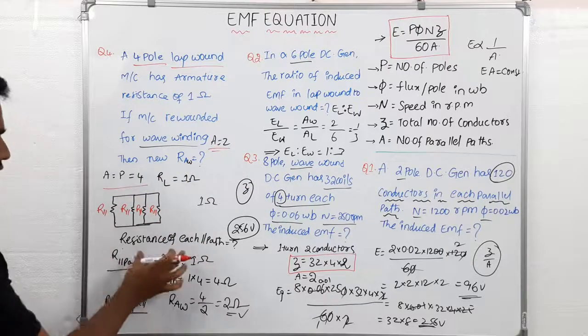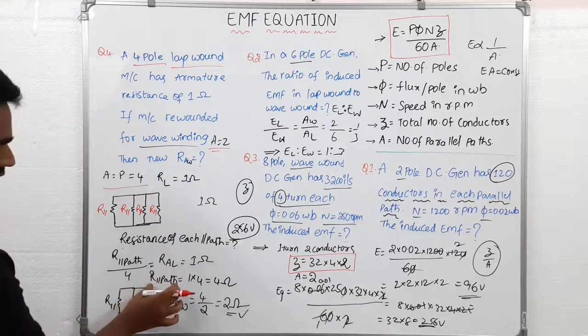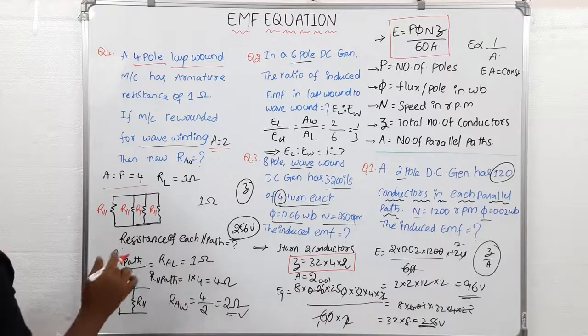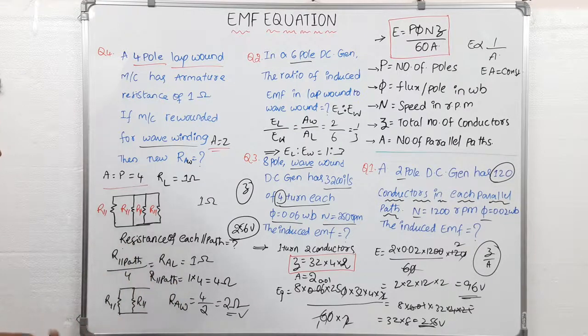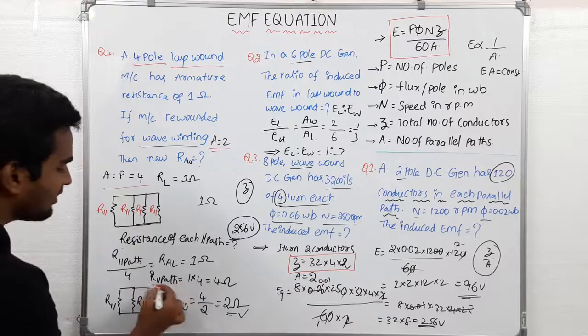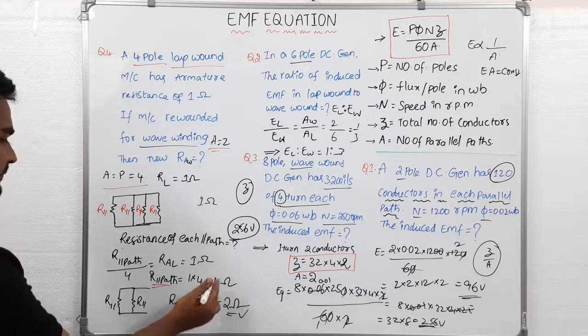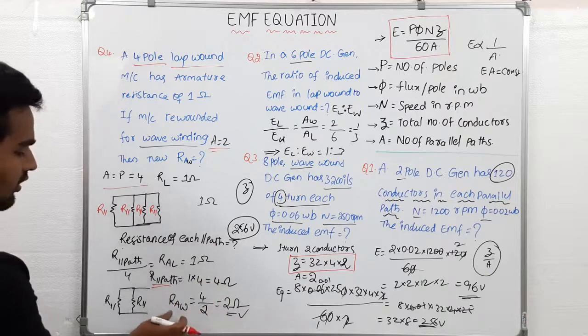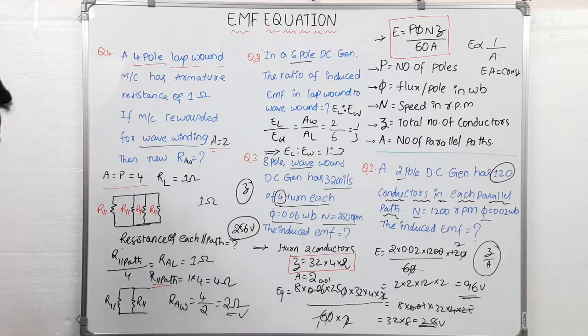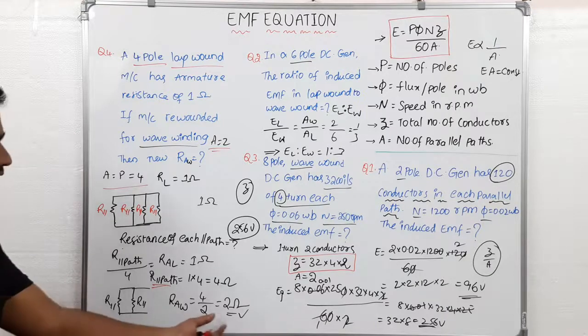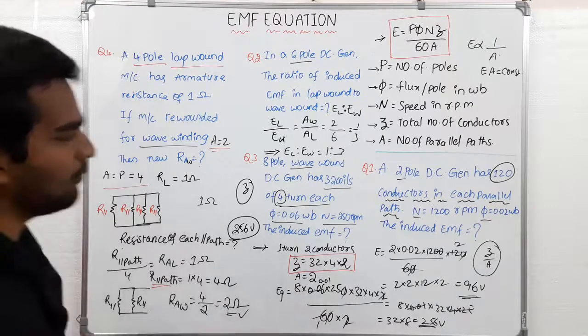We just found the resistance of each parallel path. We applied a parallel combination of resistors to get the resistance of each parallel path, and from that we converted that value to the wave winding armature. In wave winding armature there will be 2 parallel paths, so the value of resistance is 2 ohms.